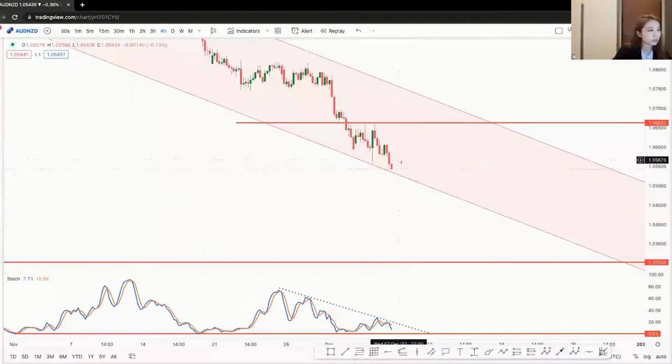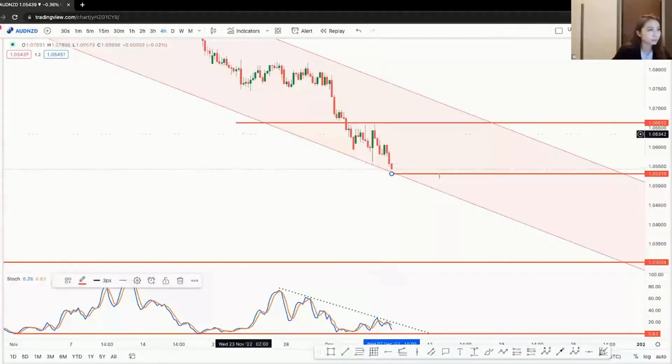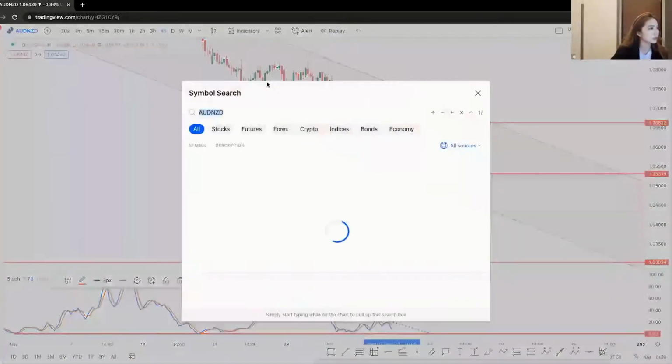However, I do see that there's a chance for a small bounce up. However, I don't think it is worth the risk. Okay, anyone doing Aussie Kiwi in the chat room? I guess in this case, we do not have any. So maybe let's just skip the pair.